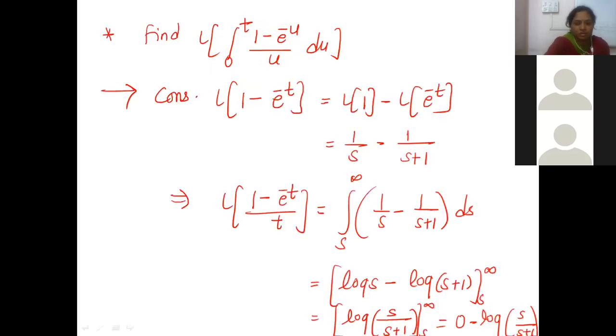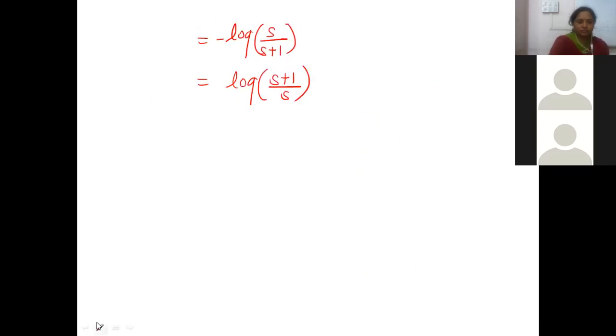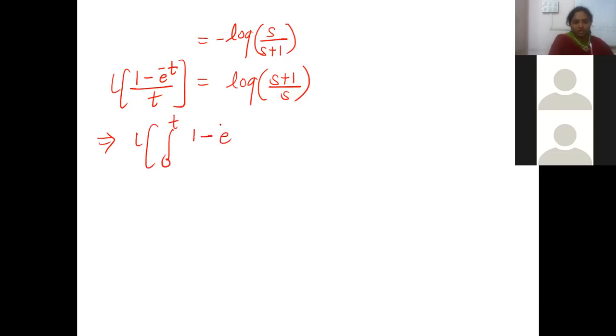This is the Laplace of 1 minus e raised to minus t upon t. On this, what do we need is the integral. Take the integration from 0 to t on this, so you can change the variable t to u, integral of the function in u du.